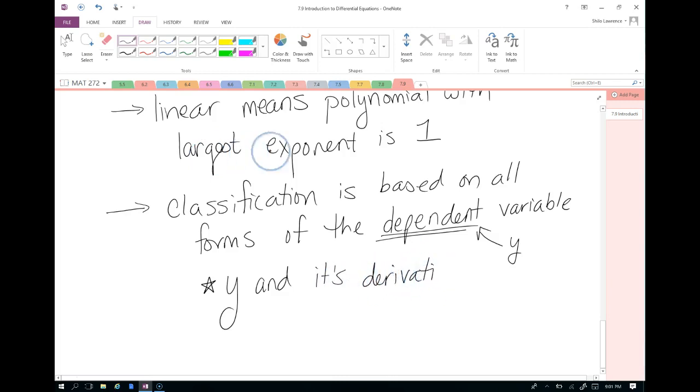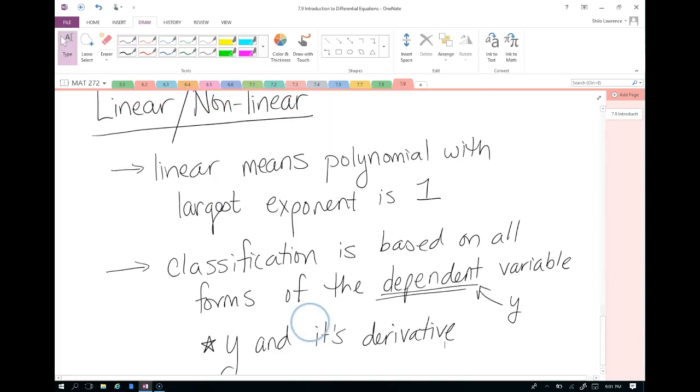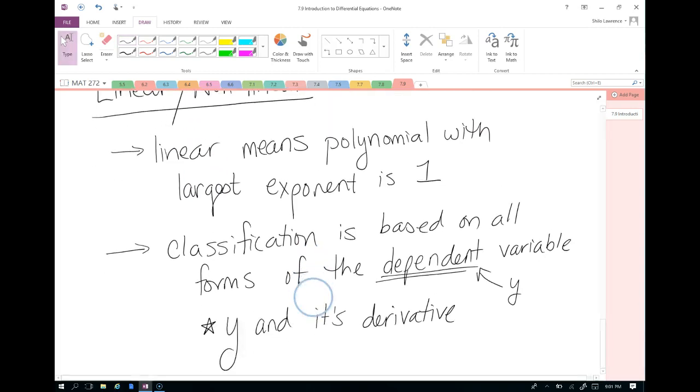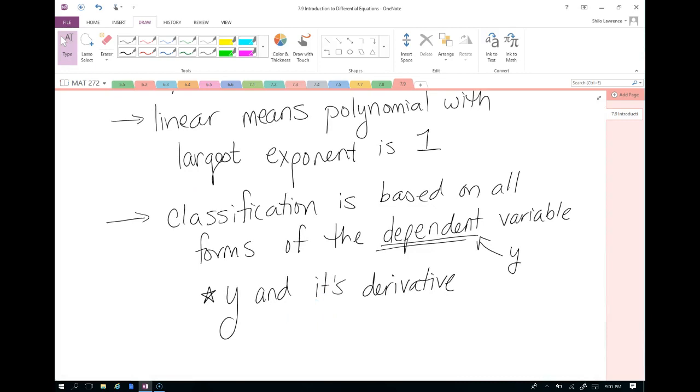Every time we see a y or some form of derivative of y, we need to make sure it's linear in order to call our differential equation linear. Now, if we see any y's that are not linear, any derivatives that are not linear, or if we see y's being multiplied by a derivative, that's technically two forms of y being multiplied together.